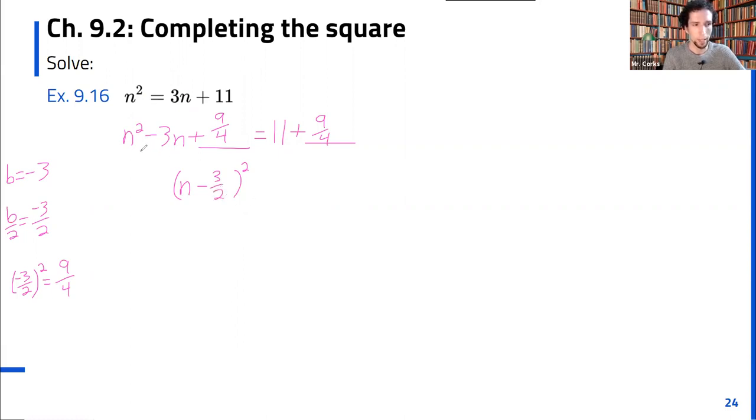So don't forget the negative because it's a negative here for the b value. So b/2 gave us a negative value. So n minus 3/2 squared. Just take this thing squared, 9/4. Okay, that matches there. And also this thing times 2, 3/2 times 2 is just 3, -3. So that works out there as well.